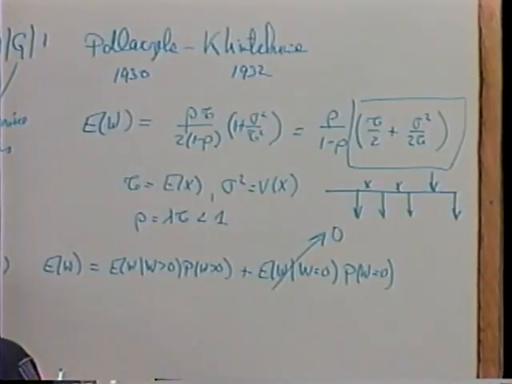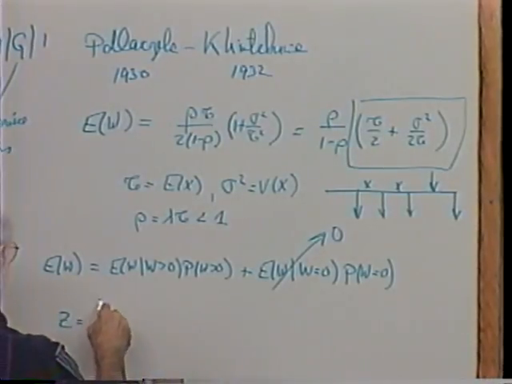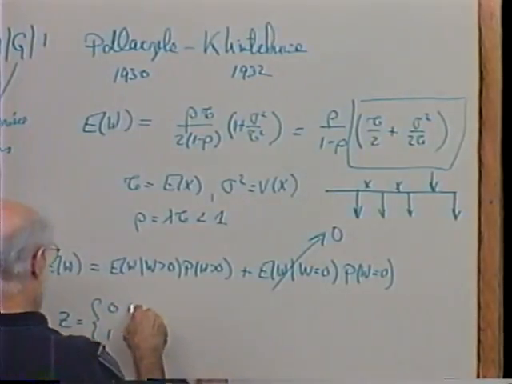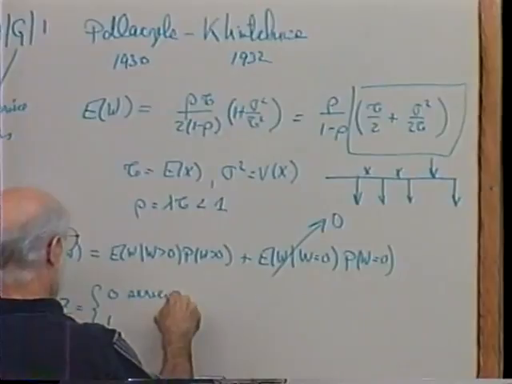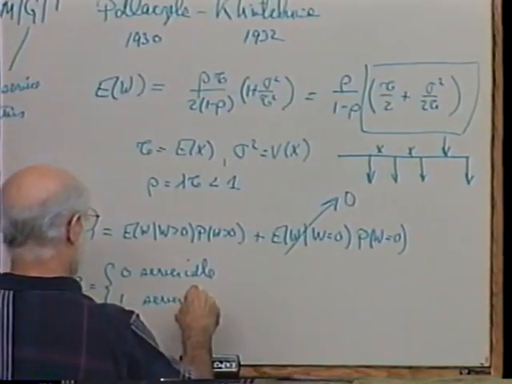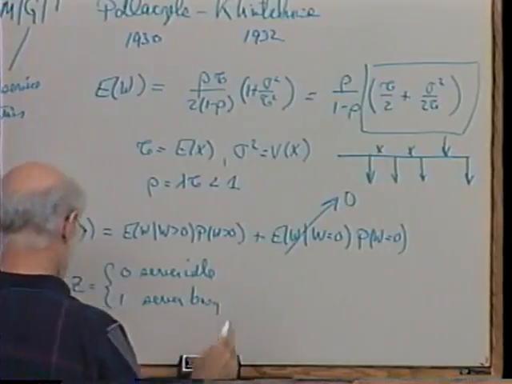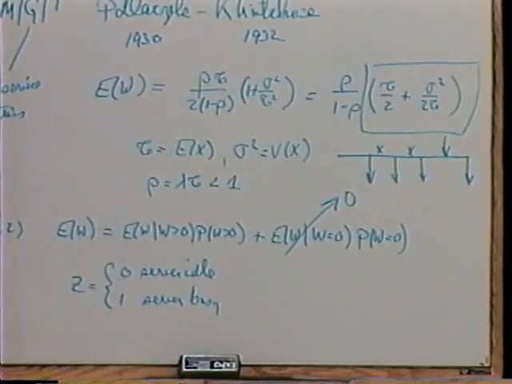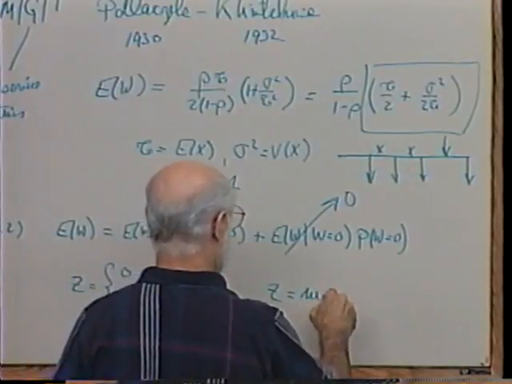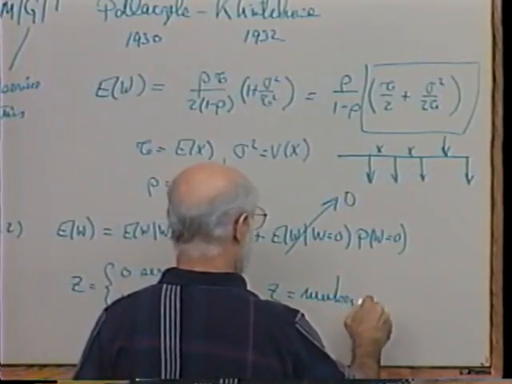Okay, so first of all, to do that, I'm going to define a new random variable Z, which is either 0 or 1. It's 0 if the server is idle, and it's 1 if the server is busy. And so Z then is equal to the number in the server.